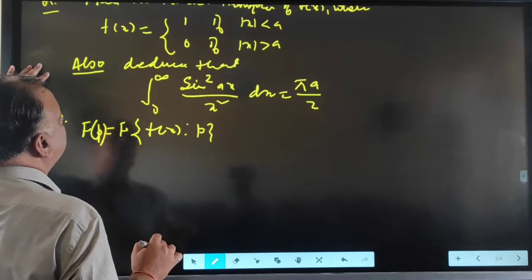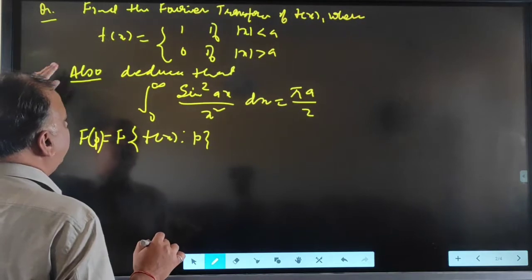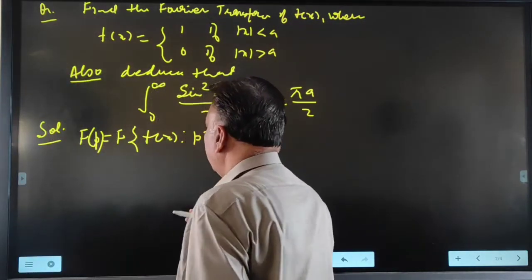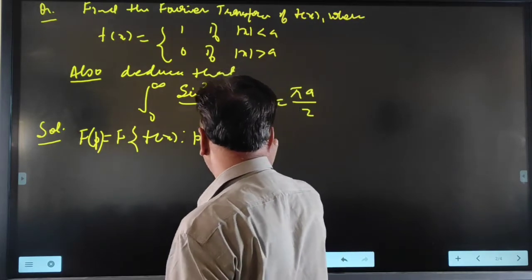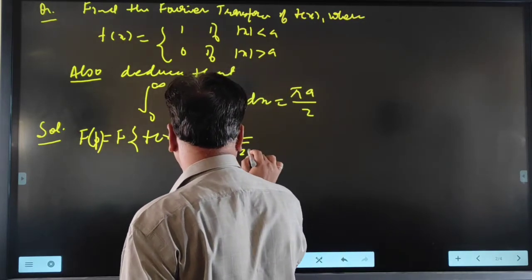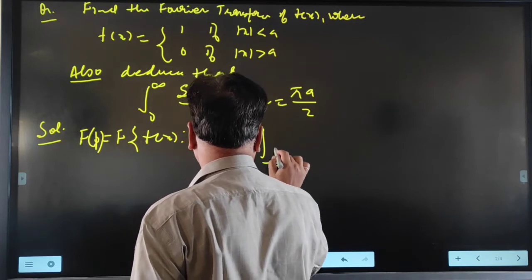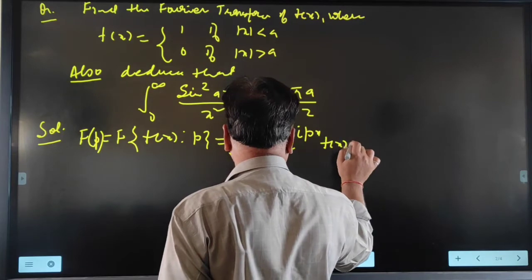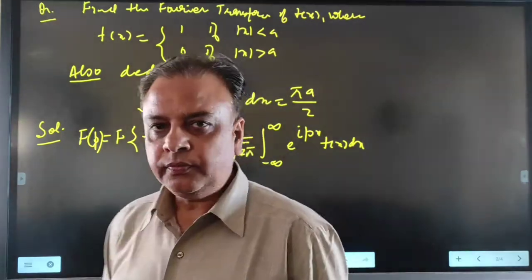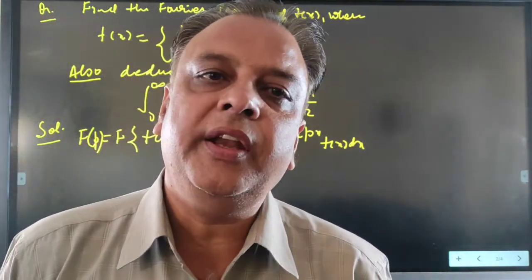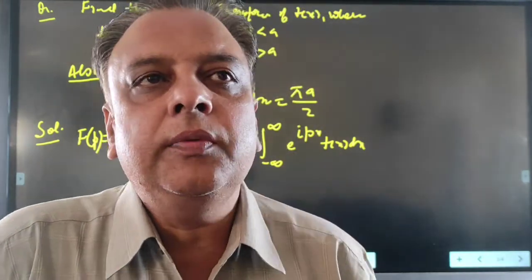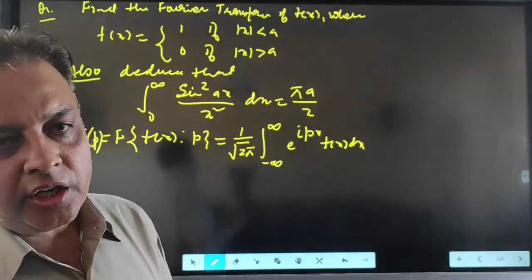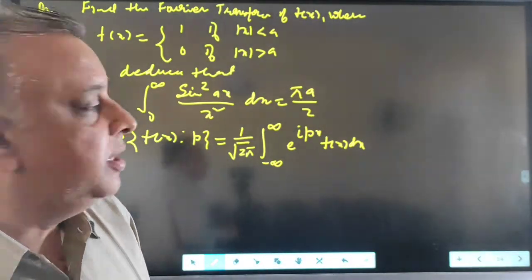By the definition of the Fourier transformation we know that this is equal to 1 upon root 2 pi integral minus infinity to infinity e raised to iota px f(x) dx. As here the function f(x) is defined in different intervals, the value of the function is different in different intervals. So first we break this integral in those intervals in which the function is defined.